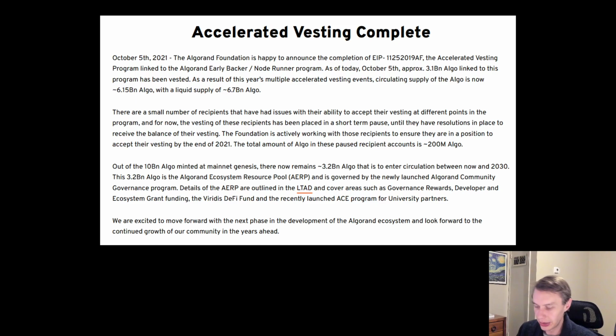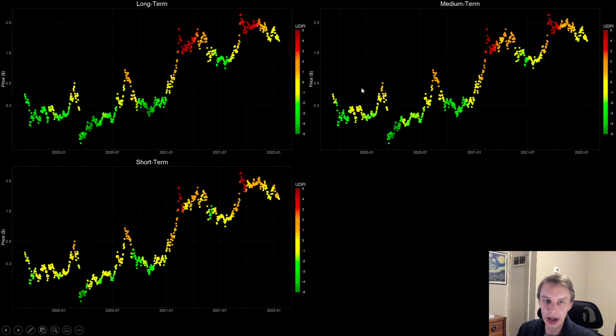That might help create a better environment for these supply squeezes that can lead to big explosions in price. And if you add that to the fact that this accelerated vesting program is complete, meaning there won't be a deluge of new tokens entering the market at these points when Algorand's going into price discovery, that might mean the next run Algorand's able to put in could pump further.